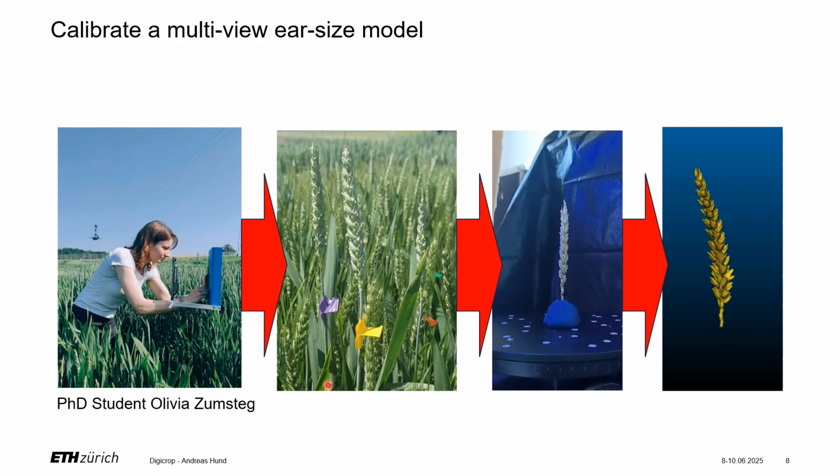Olivia Zumsteeg is also giving a presentation about that. And what she did, she was tagging individual spikes to get the ground truth and then scanned them. So we have a 3D model, so to say, and also the volume of it. And we use that information, or those scans, also for the experiment of Jonas.